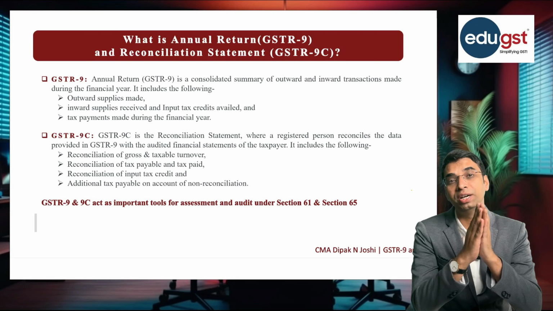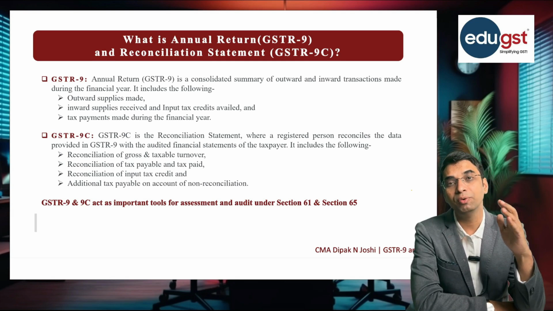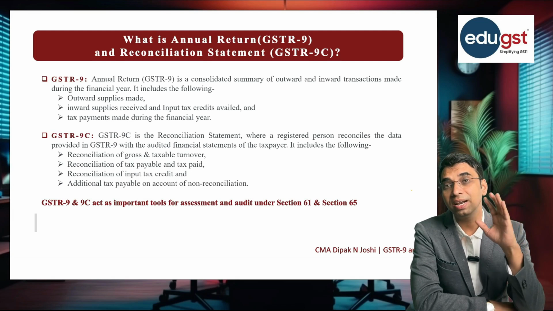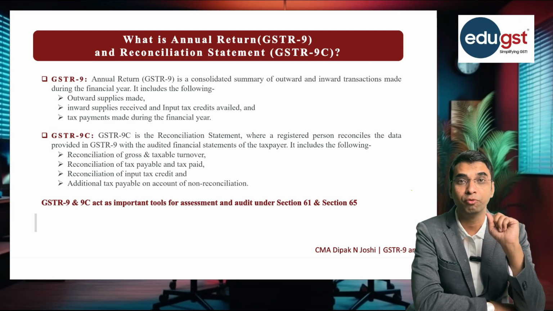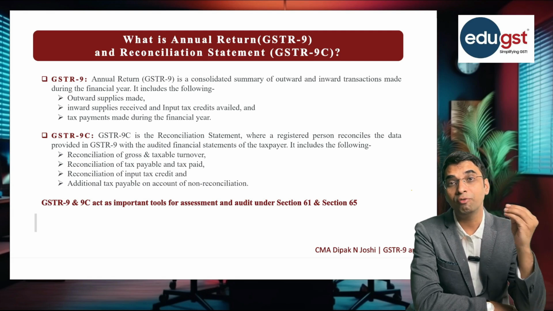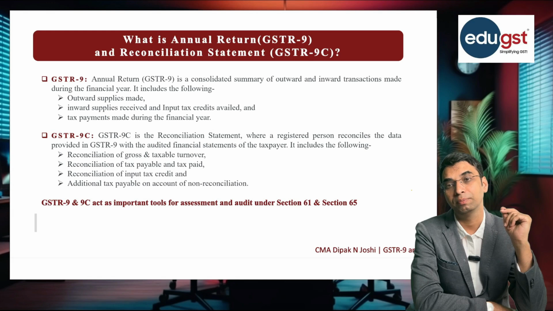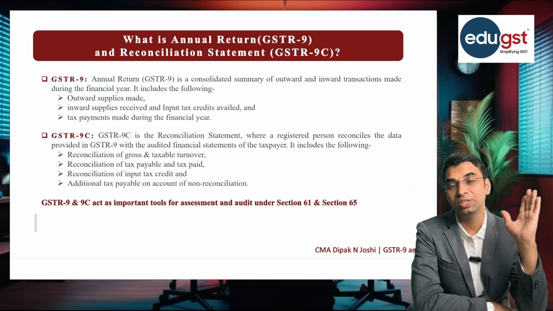GSTR-9 is the annual return. Like we are filing GSTR-1, which is a monthly return, GSTR-3B, GSTR-9 is the annual return, where we are providing the annual summary of outward and inward supply made during the financial year. That is known as GSTR-9.